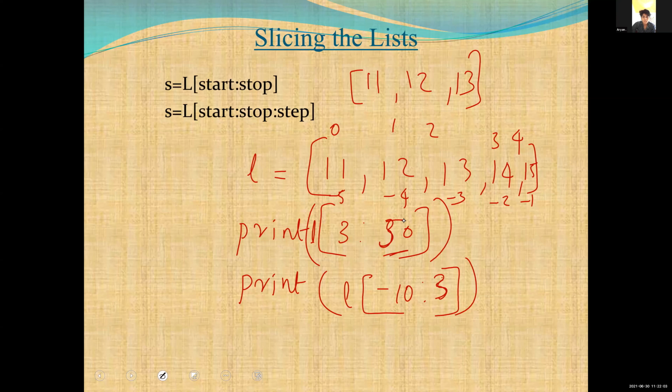First we display 11, then 1 is incremented, then 12 is displayed, then again 1 is incremented, 13 is displayed, just like that. But we can change the incrementation value using this step argument. Step value means incrementation value. So I will write one example.